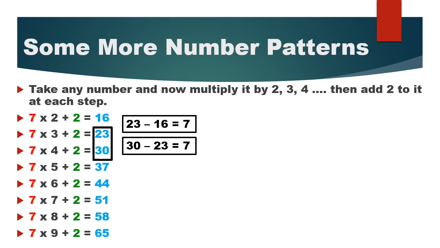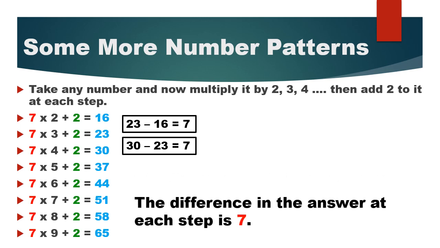That is 44 minus 37, you will get 7. In the same way 51 minus 44, the difference you will get is 7. 58 minus 51 is equal to 7. And 65 minus 58 is equal to 7. So what have you observed? That the difference in the answer at each step is 7. This is one of the unique number patterns.